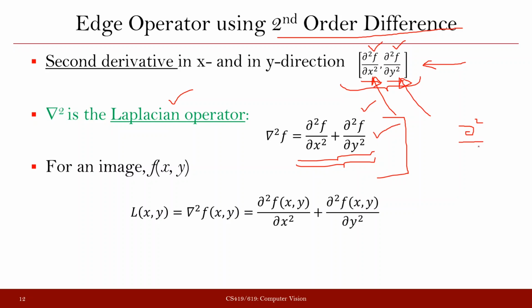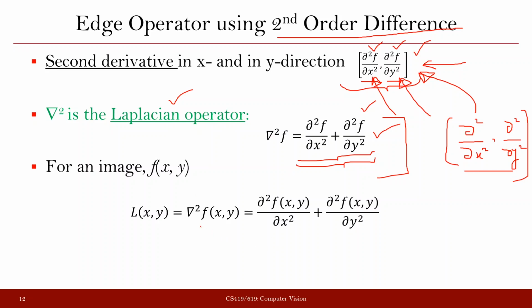This standard Laplacian operator is this one, and exactly the same thing you see here. If you observe this equation, you see that this Laplacian operator has actually been applied on the image. So that is why this edge detection operator is called the Laplacian operator for edge detection.